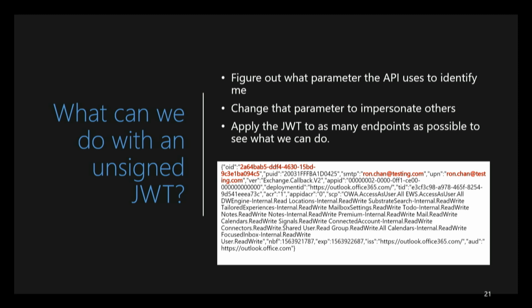But how do we get the OID of other users? As you can see in this screenshot, it is highlighted in red. It is a long UUID that no one can brute force, and you cannot enumerate it. So naturally, as a bug hunter, we have to read a lot of documentation.